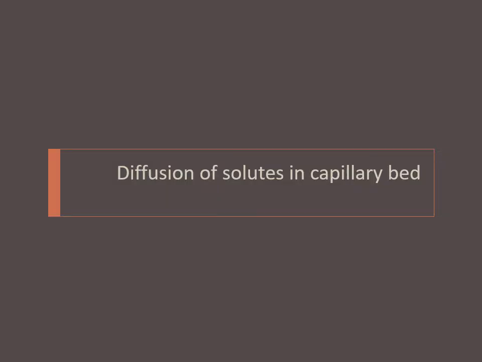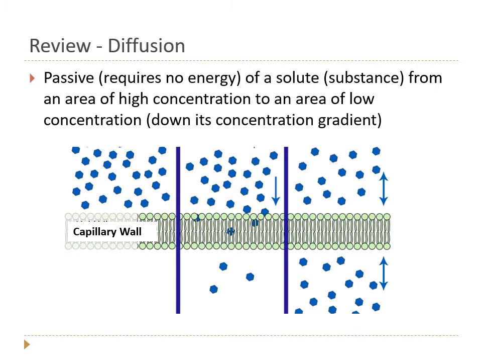So now we're going to talk about what is actually going on with the solutes when we get into the capillaries. Let's remind ourselves, diffusion is passive. It will happen on its own, requires no energy, requires no ATP. Mother Nature wants things to even out.